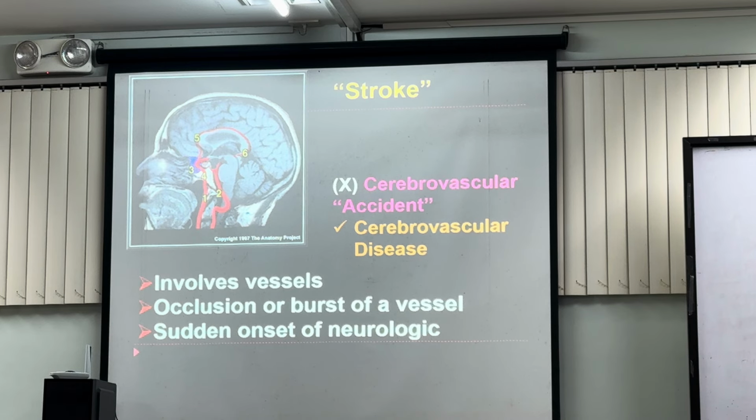So vessels, and what happens to the vessels? Either the vessels get occluded or the vessels rupture. So when it's occlusion, the pathophysiology would be ischemia, loss of blood supply, oxygen. And the type of necrosis in the brain?